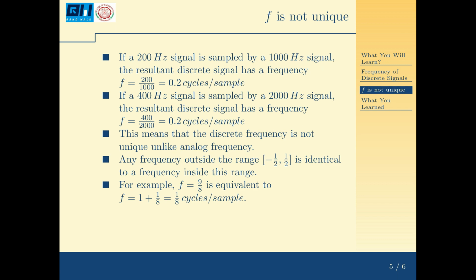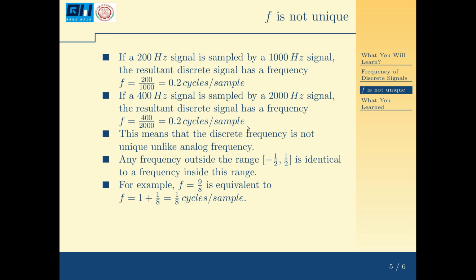Now another point of importance is that small f, or the frequency of a discrete time signal, is not unique. That is, if I sample a 200 hertz signal by a 1000 hertz signal, the resultant discrete signal has a frequency of 200/1000, that is 0.2 cycles per sample. Likewise, if a 400 hertz signal is sampled by a 2000 hertz signal, then also the resulting discrete frequency will be 0.2 cycles per sample.